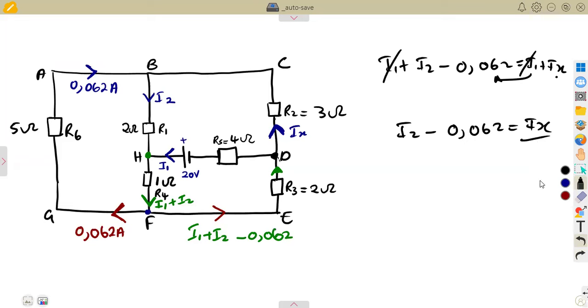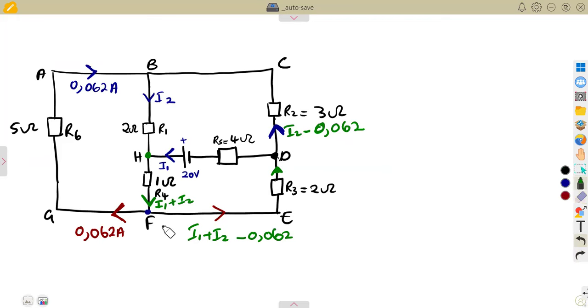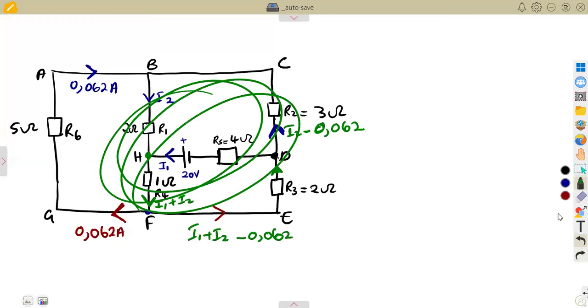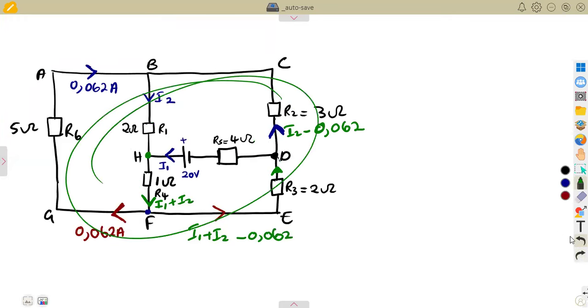So in this branch, the unknown current that we have formulated is I2 minus 0.062. You have formulated the current in terms of the other currents that you're given. It is not always that you're going to be given all the currents in each branch. As you can see, each and every branch now has a current.